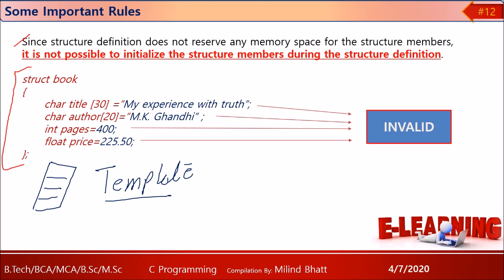That is why we say that it is not possible to initialize the structure members during the structure definition. Once it has been defined over here, character title of 30, character author of 20, integer number of pages, float price, this title of 30 cannot have some value, say My Experience with Truth, author as Mohandas Karamchand Gandhi, number of pages 400 and price something.